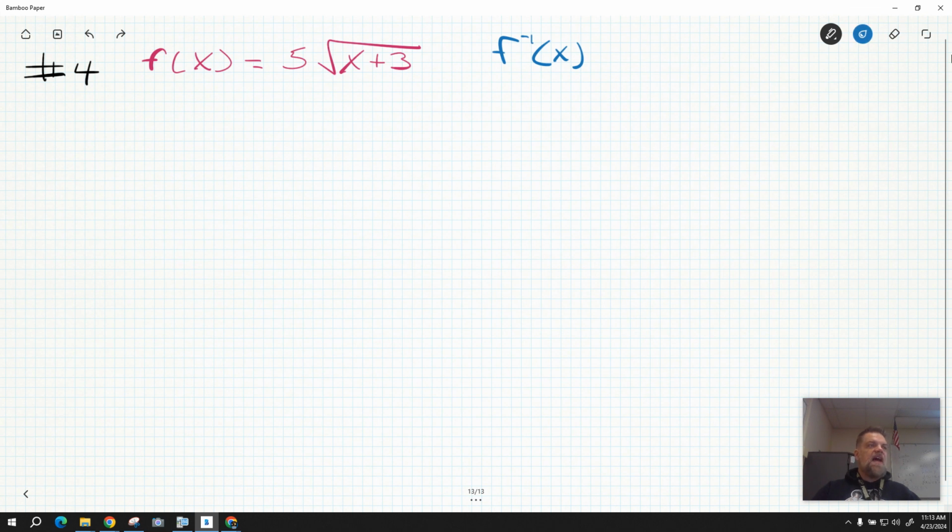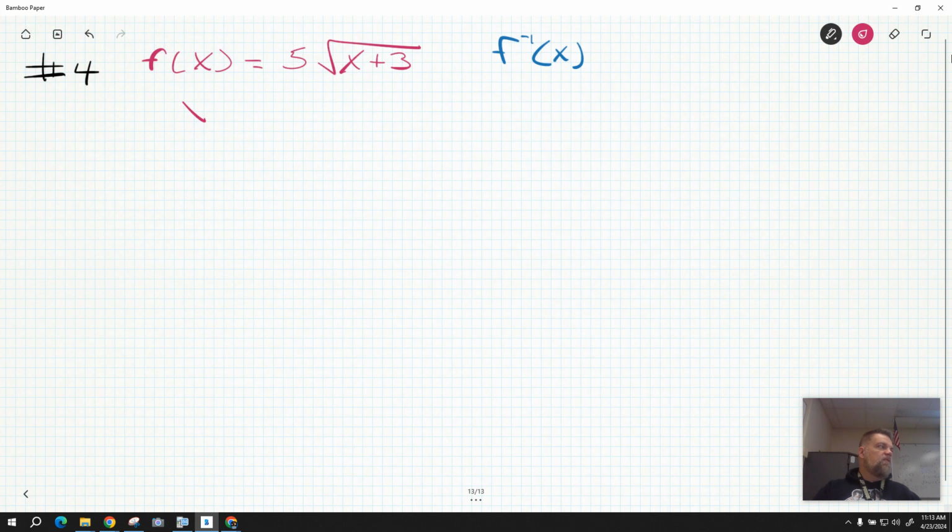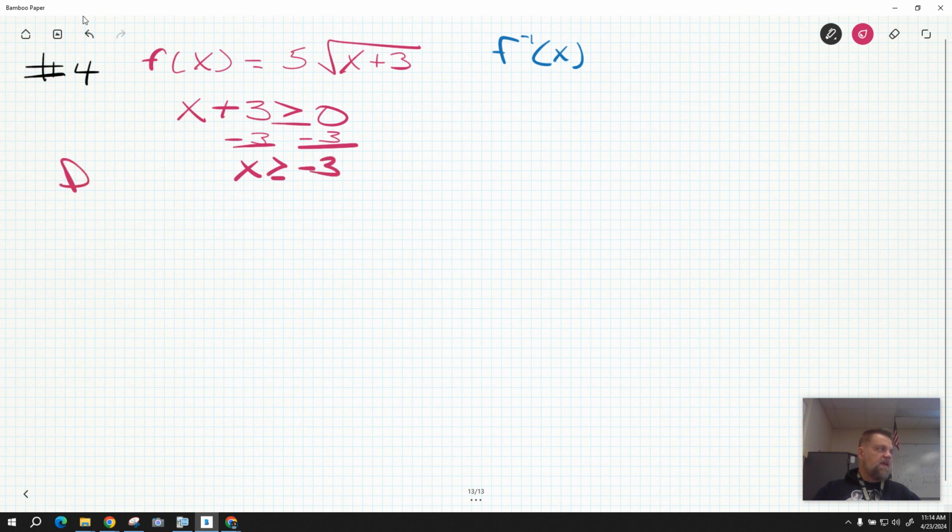So what's another way of saying cannot be negative? In other words, x plus 3 cannot be negative, which means it has to be greater than or equal to 0, right? So then for my domain restriction, if I solve for x, x has to be greater than or equal to negative 3. So that's my domain.